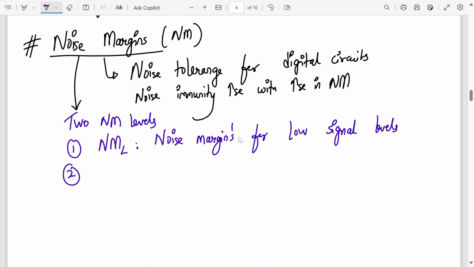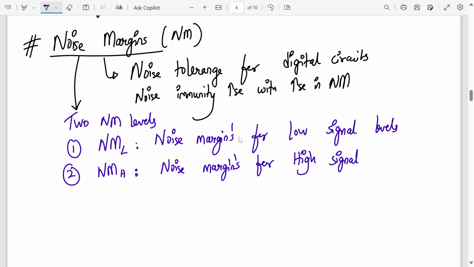Correct? Noise margin high, this is the noise margin for high signal levels.